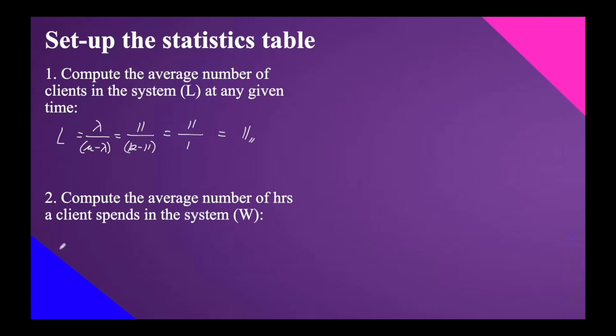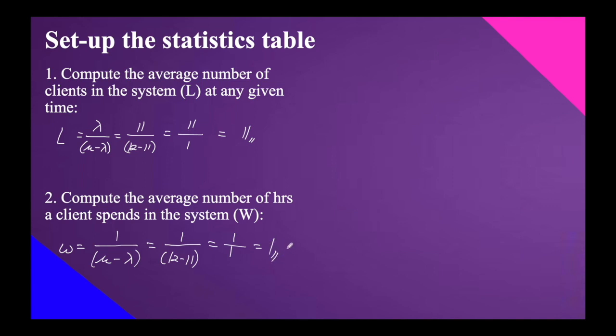For this one, our formula is W equals 1 over mu minus lambda. We have 1 as the numerator, and the denominator is the same as in the previous number, mu minus lambda, which is 12 minus 11. Therefore, we have 1 over 1, which is equivalent to 1.